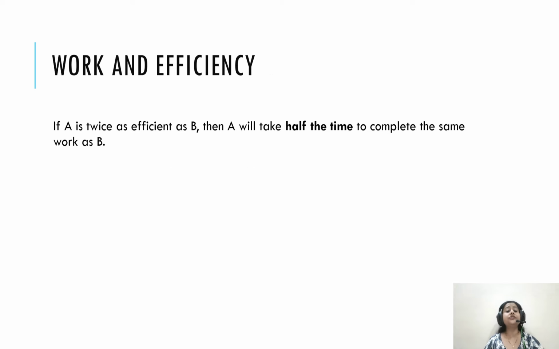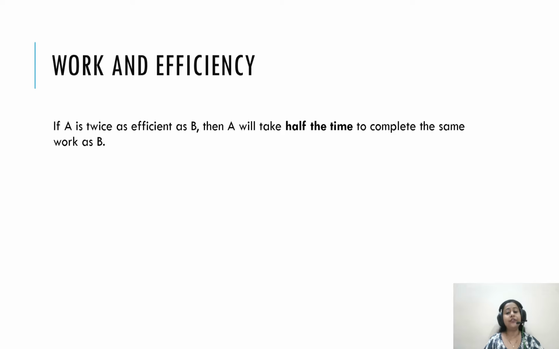Now coming to the relationship between work and efficiency. So time and efficiency always have an inverse relationship. It means that if a person needs more time to complete a work, the person is assumed to be less efficient.